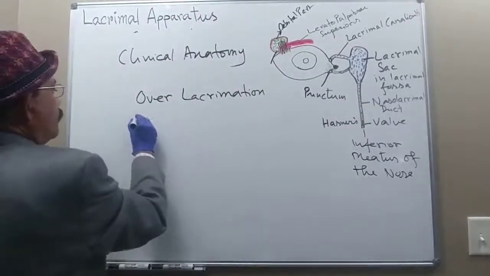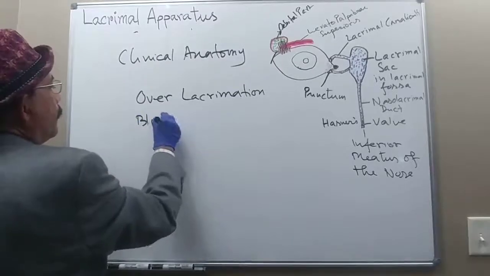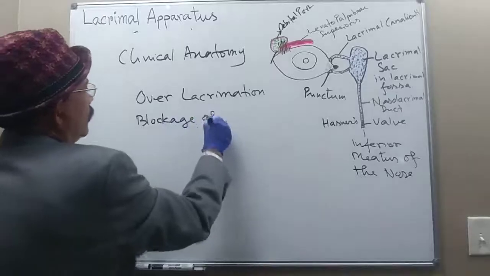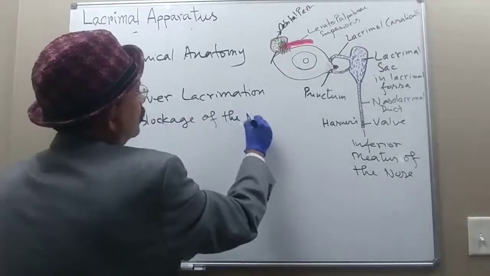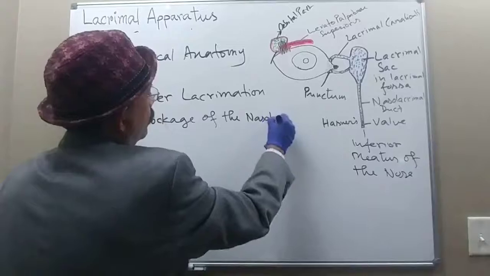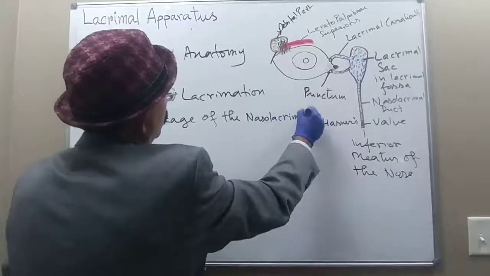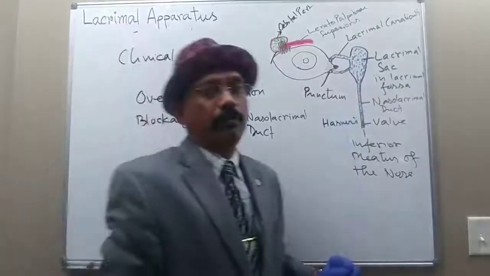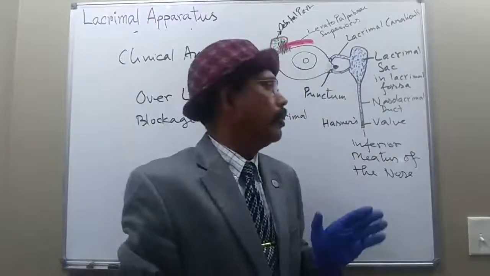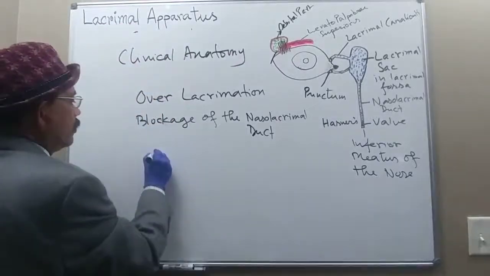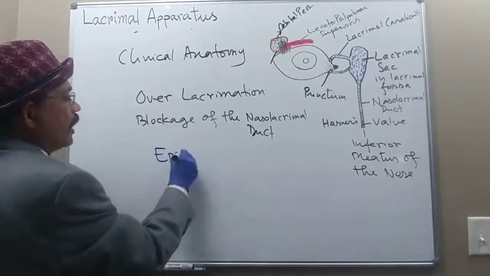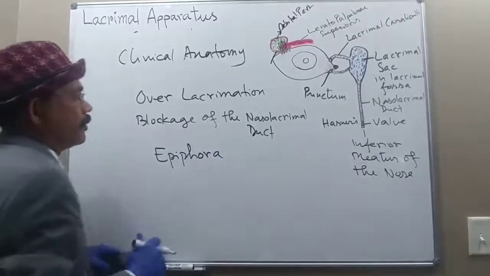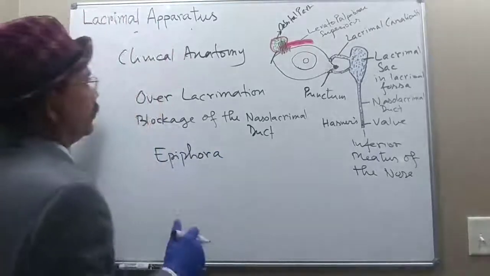So there may be blockage of the nasolacrimal duct. Okay, this can happen in two ways. It may be due to infection, or it may be congenital. It may be blocked. We get a condition we call epiphora, excessive lacrimation. Okay, so this is one problem.